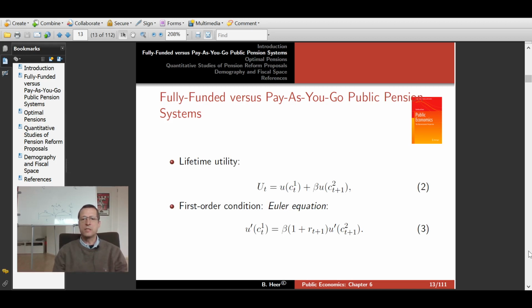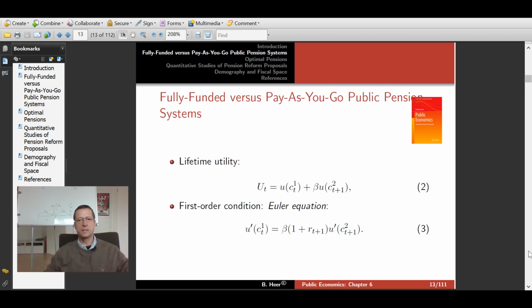Our lifetime utility here is an additive function of instantaneous utility today, when we are young, in period T, and instantaneous utility in the next period, when we are old, in period T plus 1. And we assume the discount factor beta. And as we learned in chapter 3, this factor does not need to be below 1, as in the Ramsey model.